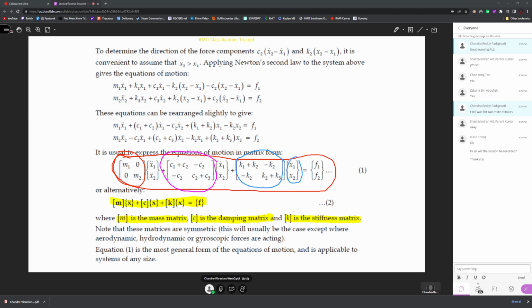So generally for a forced damped 2-degree freedom system, we can write the equations of motion in matrix format like this. Okay, so in simple format you can write like this. So you have mass matrix, damping matrix, and stiffness matrix.